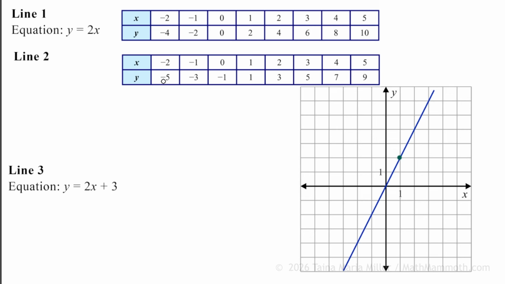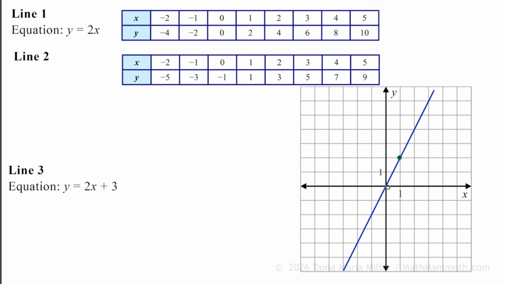The y values, if we compare them to these here, here's -4, here -5, here's -2, here's -3, 0, and then -1, 2, and 1. You notice that each time the y value here for line 2 is just exactly 1 less than the corresponding y value here in line 1. So no matter what the x value is, the y value is just exactly 1 less.